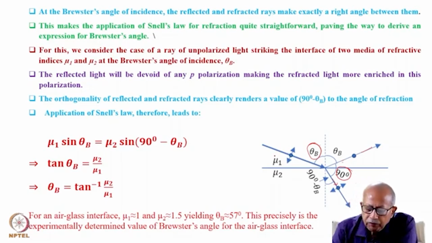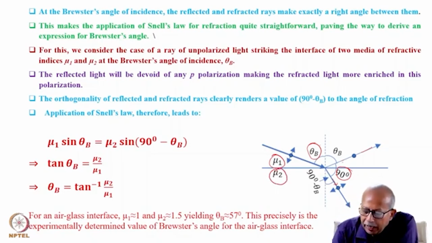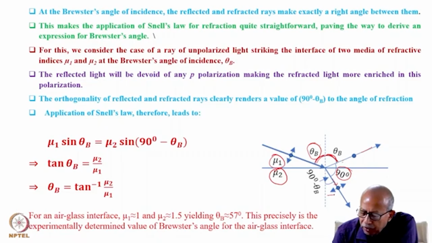Let us assume the refractive index of incident medium is mu1, refractive index of other medium is mu2. And angle of incidence is theta b, that is the Brewster angle of incidence. So the angle of reflection also would be theta b. This is specular reflection. The angle of incidence equal to angle of reflection. And angle of refraction is this. And because this angle is 90 degree, therefore this angle plus this angle should be 90 degree because this is a straight line.